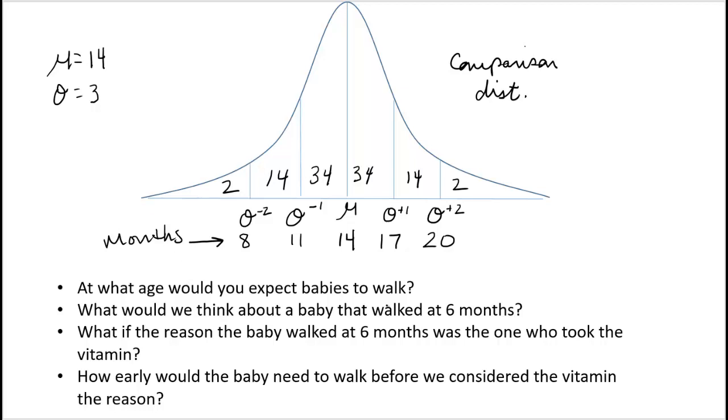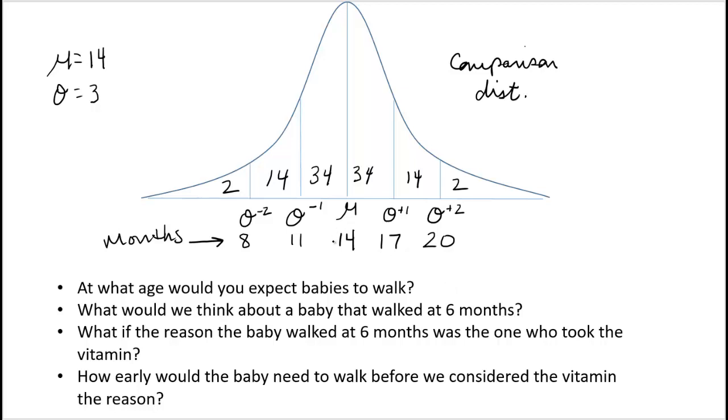So here are a few questions about this distribution, just to prime the idea of hypothesis testing. Just generally, based on our distribution of babies that took a regular vitamin, at what age would you expect babies to walk?